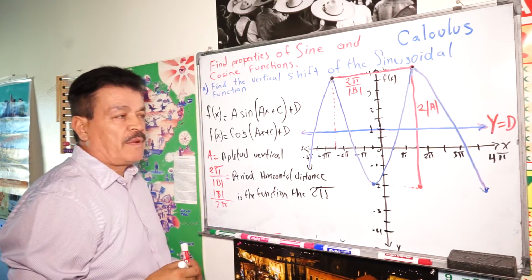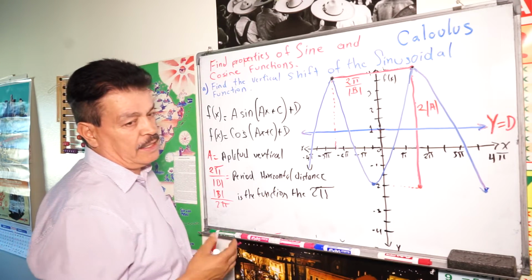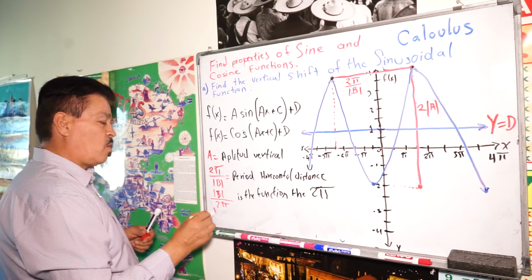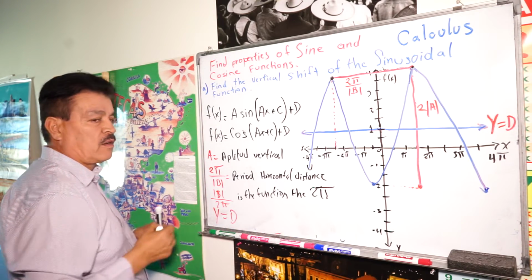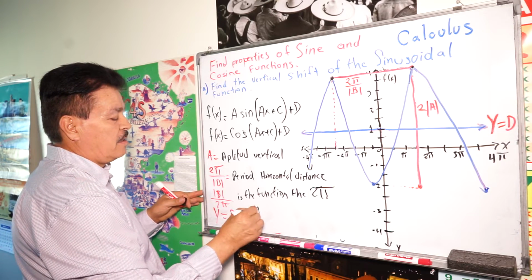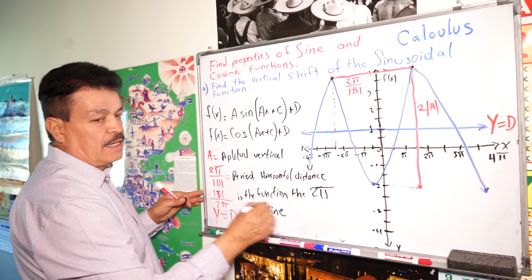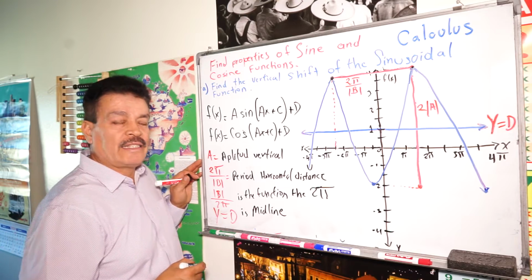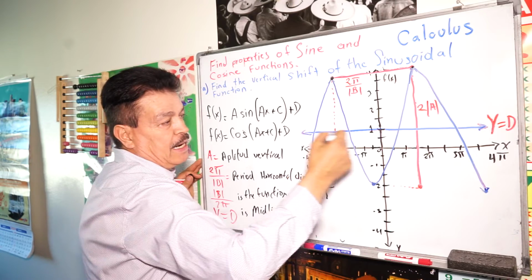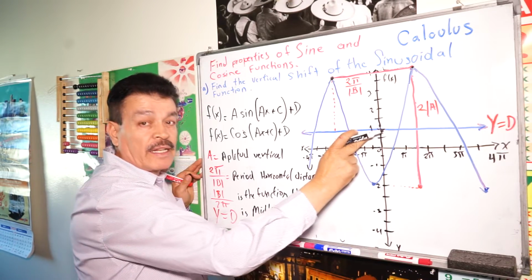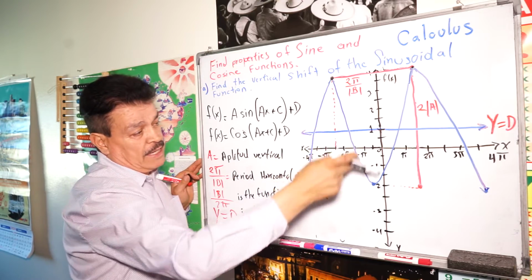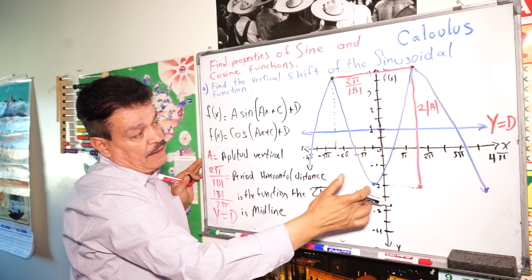Another variable we can see here is y equals d. Y equals d means the midline. This is a horizontal line that cuts the graph in half.